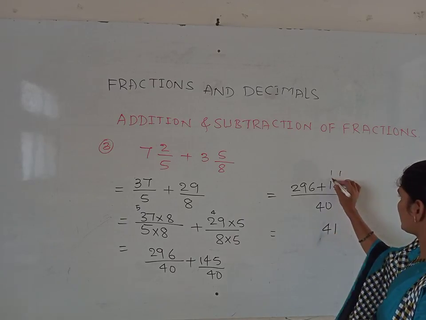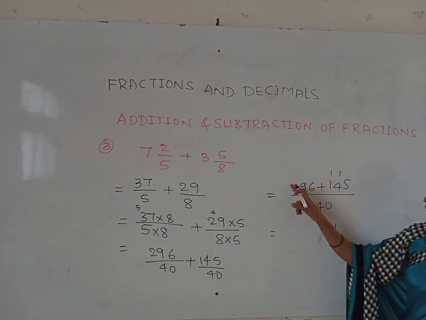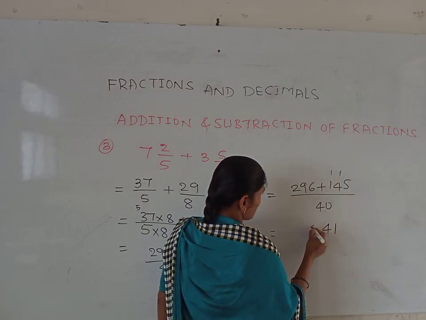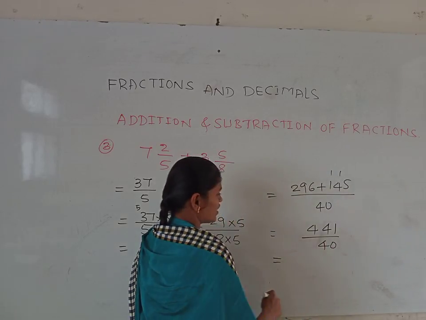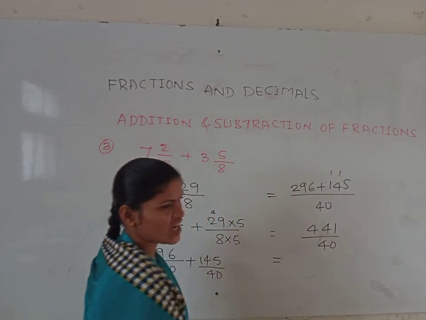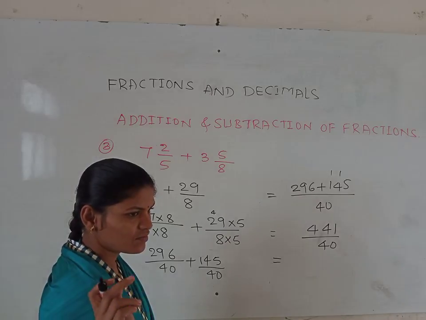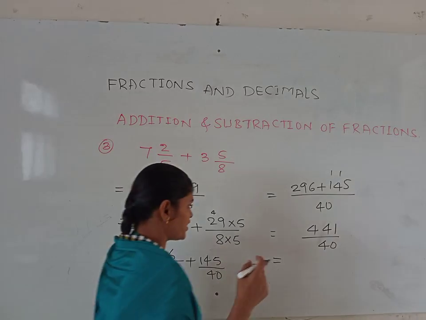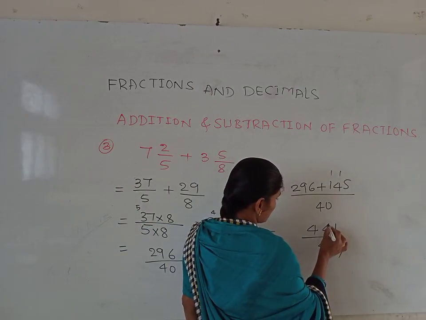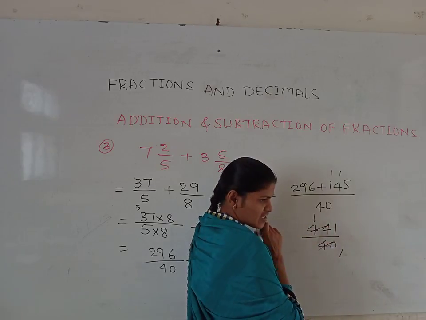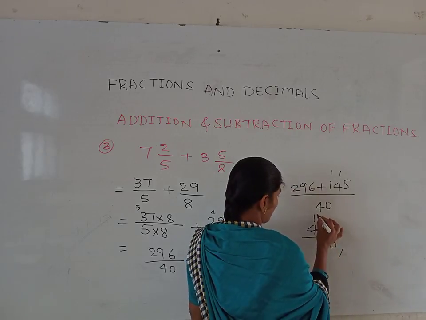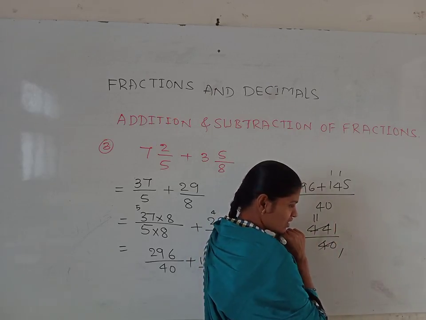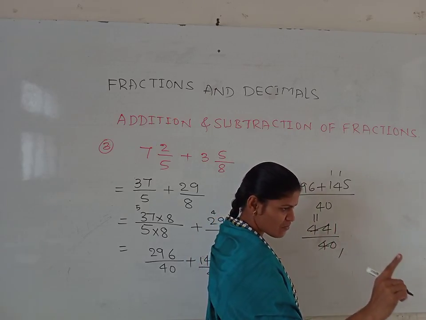Then 1 carry. 1 plus 1, 2, 2 plus 2, 4. 441 divided by 40. 40 elevens are 440, remaining 1.